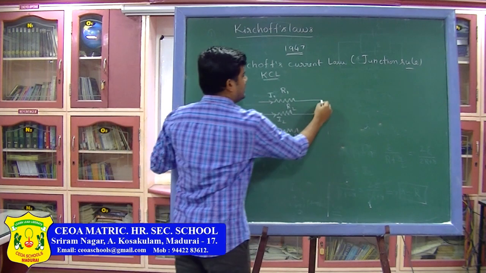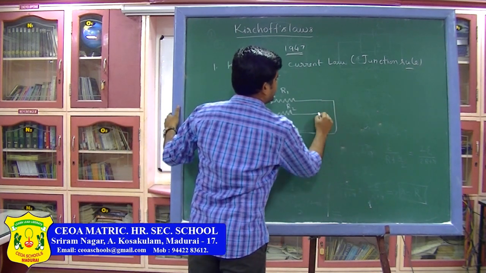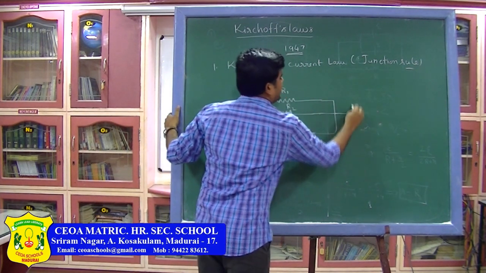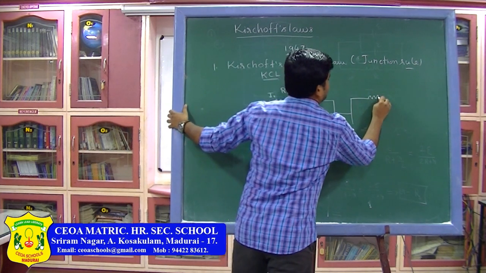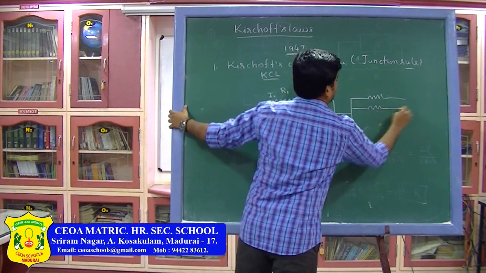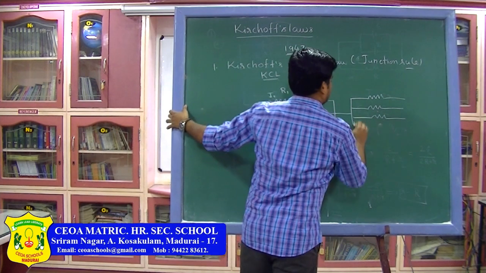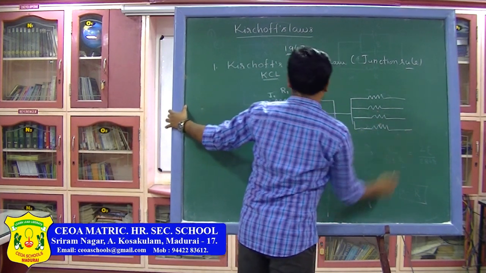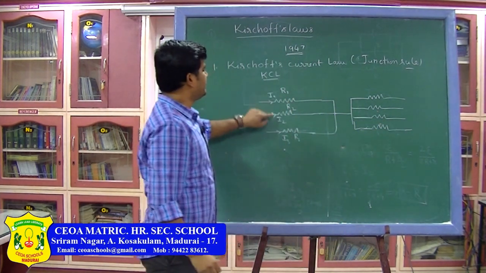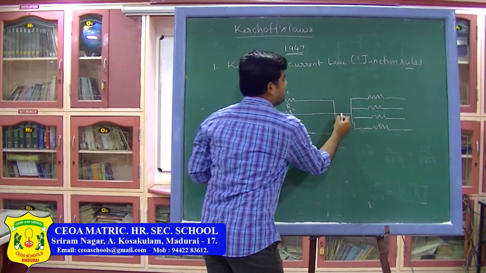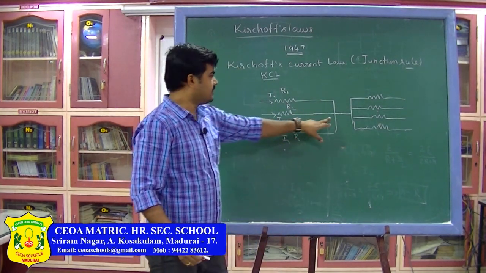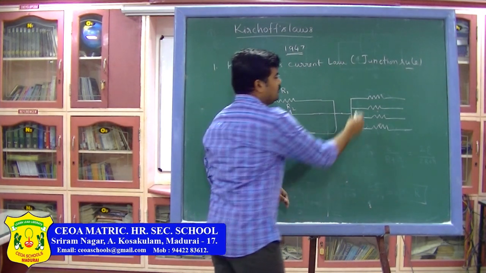Now, let these 3 be connected together, and again there are 4 more resistors connected like this. So, this is the circuit. Here there are 3 currents I1, I2 and I3, and this is the junction where all the currents are meeting, and further they are dividing into 4 different values.